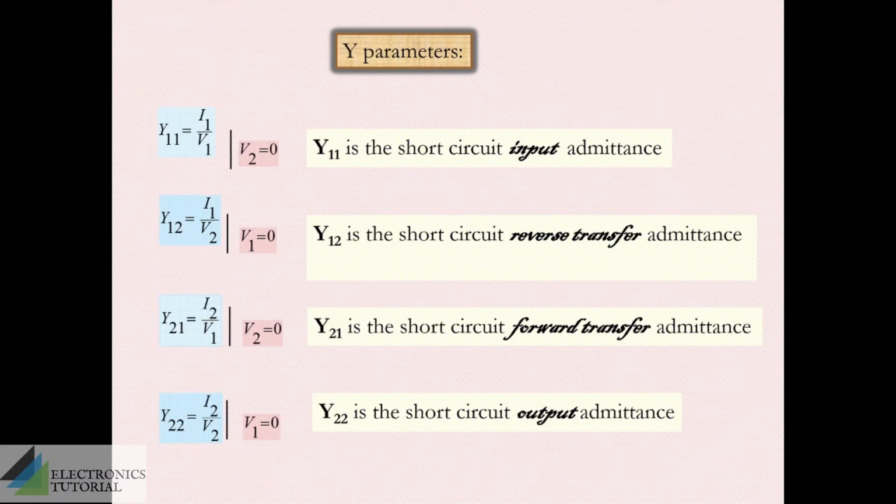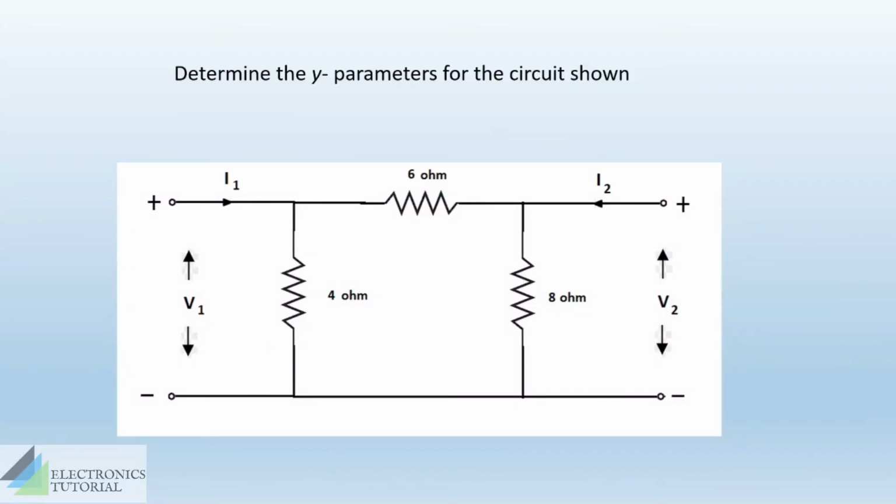Let's have a detailed picture of this admittance parameter by solving a question. The question is, determine the Y parameters for the circuit shown. We know what are the steps for obtaining the Y parameters. We need to do it in a step-by-step format.